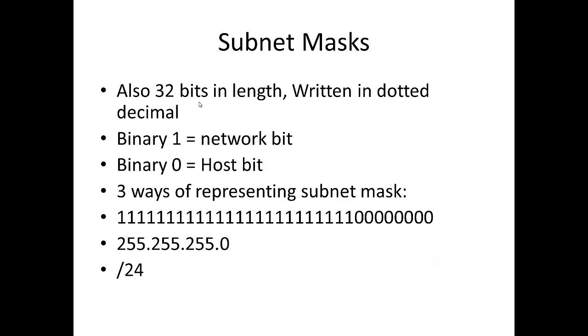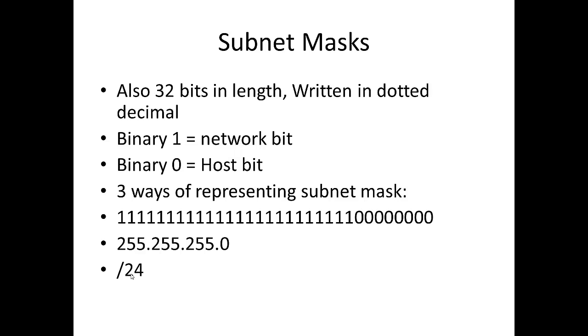So subnet masks are also 32 bits, and they're written in dotted decimal format, just like IP addresses. They're basically used with the IP address to determine which part is network address and which part is host address. A binary 1 means the corresponding bit in the IP address is a network address, and a 0 means it's a host address.